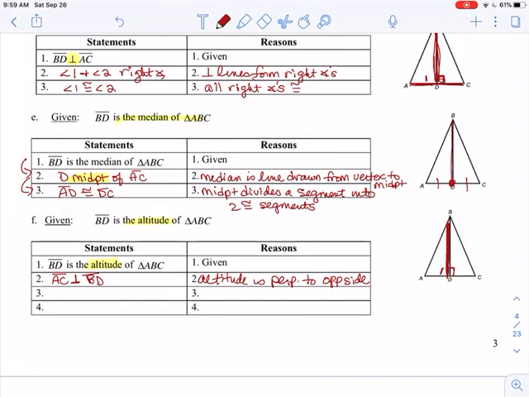Now, perpendicular lines make right angles. So I'm going to call this angle 1 and angle 2. And I'm going to say angle 1 and angle 2 are right angles. The reason, how do I know angle 1 and angle 2 are right angles? Because the step before told me those lines were perpendicular. So angle 1 and angle 2 are right angles because perpendicular lines form right angles.